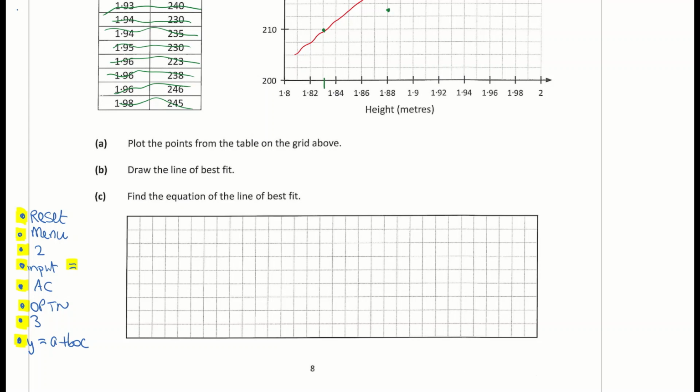And the equation of the line that I'm getting is y is equal to 157.22, that's my a, and then it's minus 70x. Again, you don't have to use the calculator for this. You can use points from the graph and use your equation of the line from the log tables, but I think the calculator is a little bit easier.